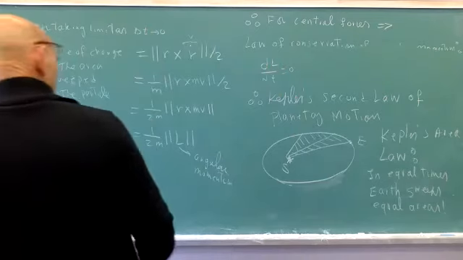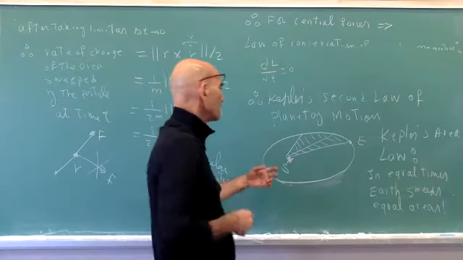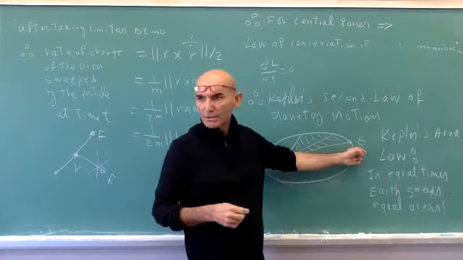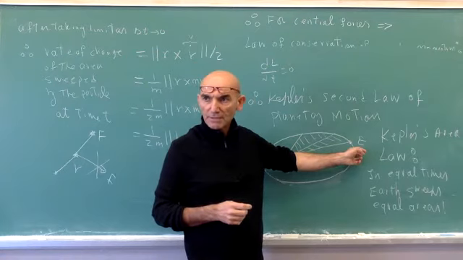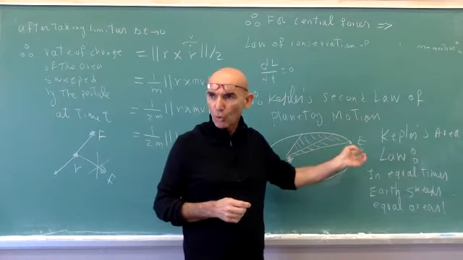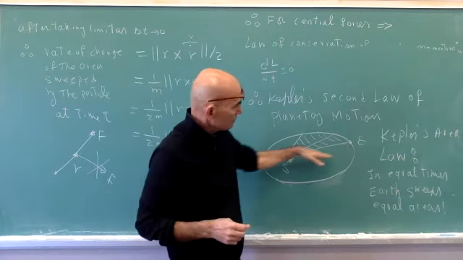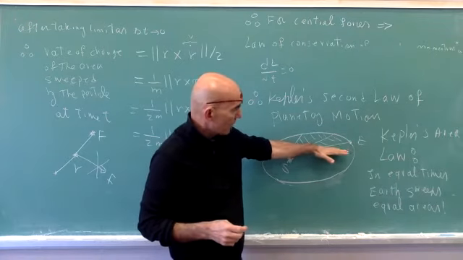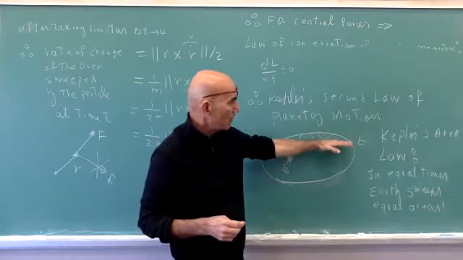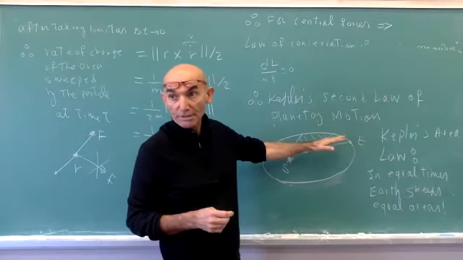In particular, people after Kepler knew that the farther a planet is from the sun, the slower it moves. If it moved as fast as it does here, it would sweep a larger area, which is not possible.